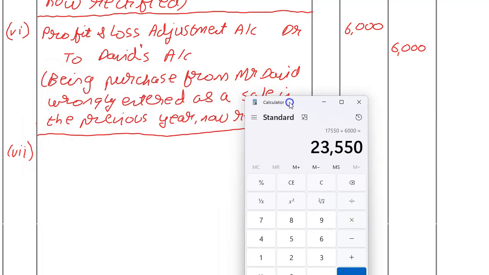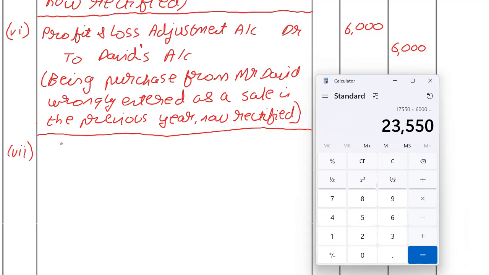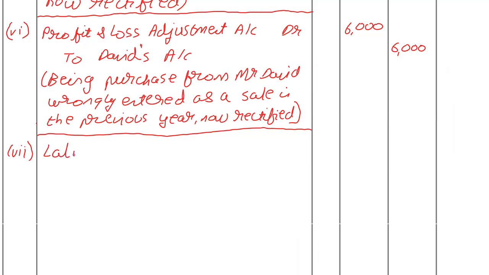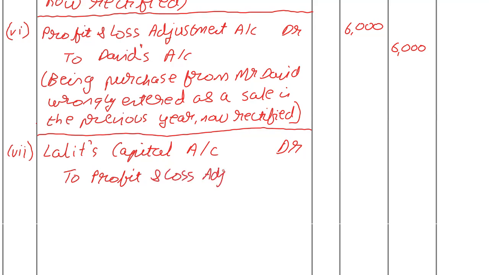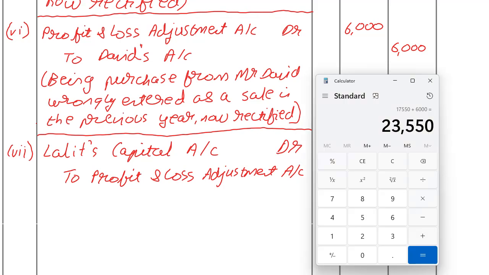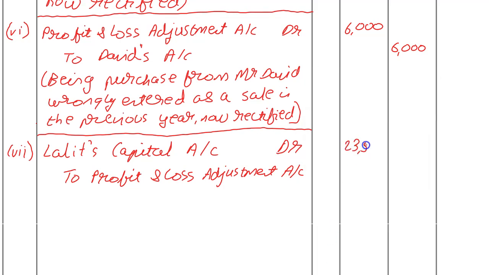So the journal entry is: Lalit's capital account debit to profit and loss adjustment account, both places 23,550.